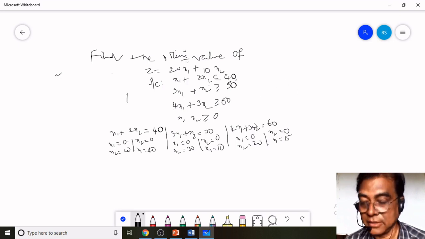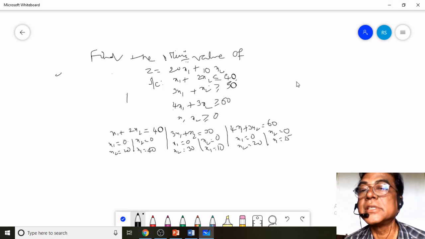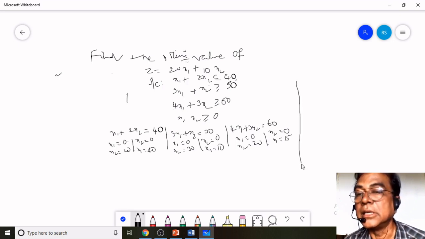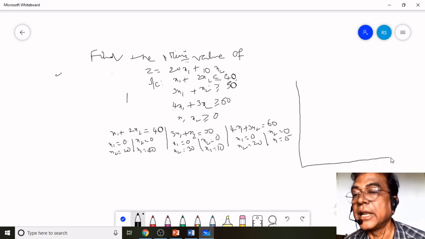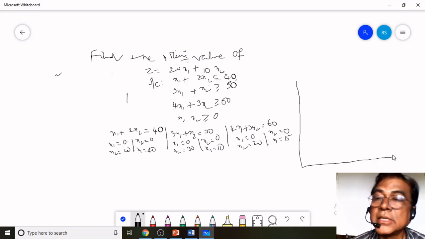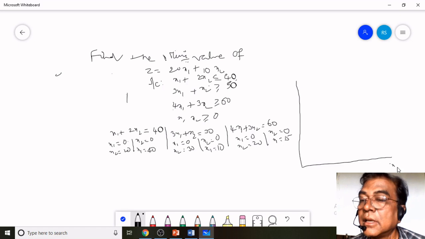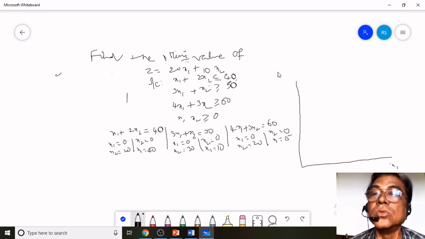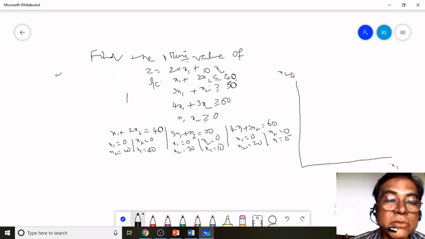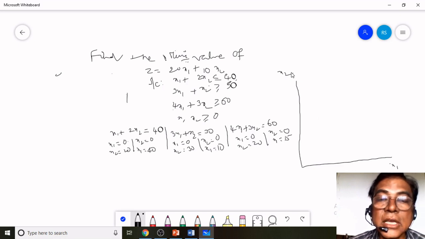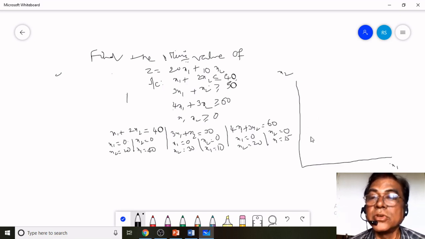Now take the vertical line first and draw the horizontal line. This is the x1 and this is the x2. So what is the maximum value in x2? The values are 20, 30, and 20, so it is better to take a scale of 5, 5.